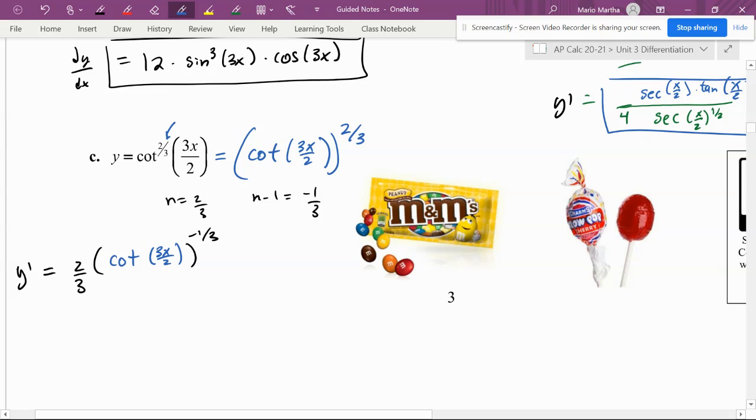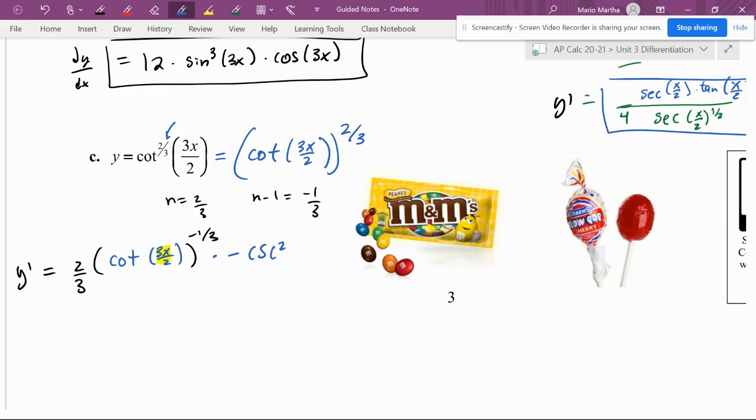Now work on the next layer. What's the derivative of cotangent? So times the derivative of cotangent, which in this case would be negative cosecant squared.